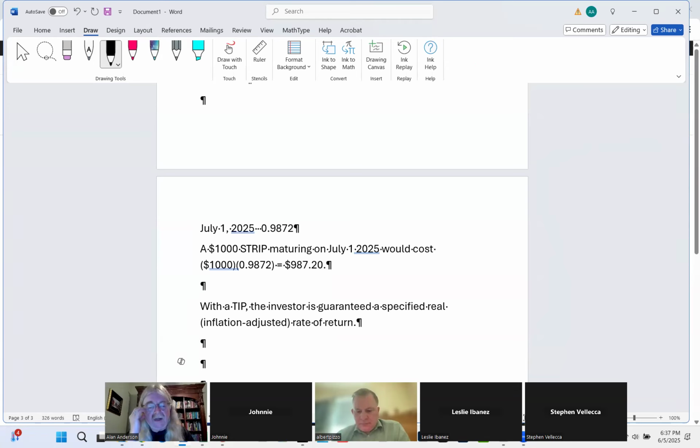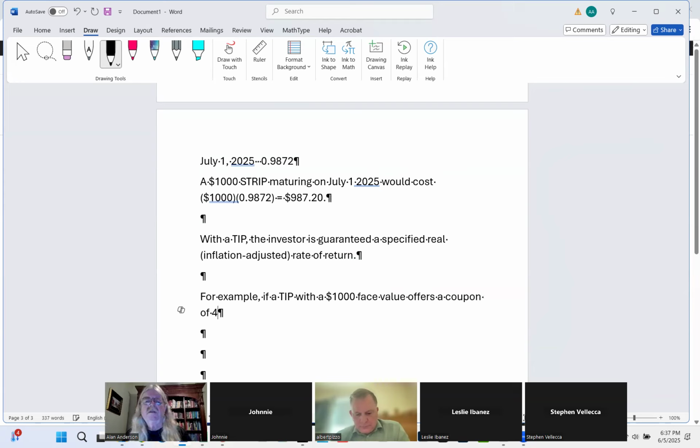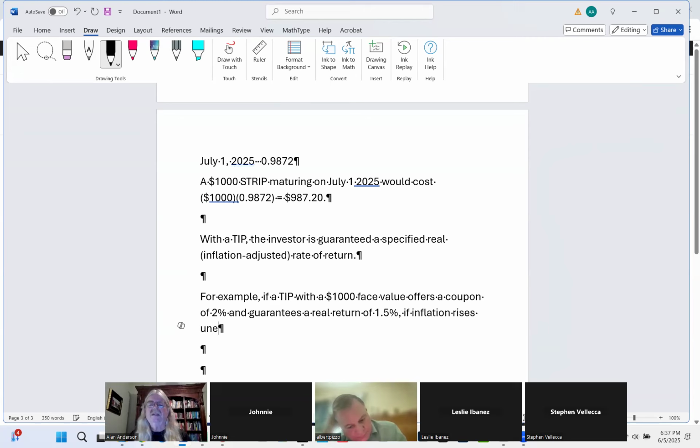So in other words, it has a coupon. For example, a TIP with $1,000 face value offers a coupon of 2% and guarantees a real return of, let's say, 4.5%.